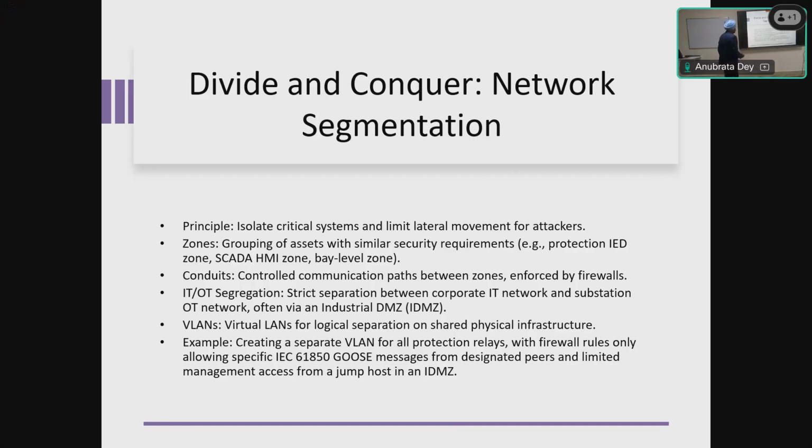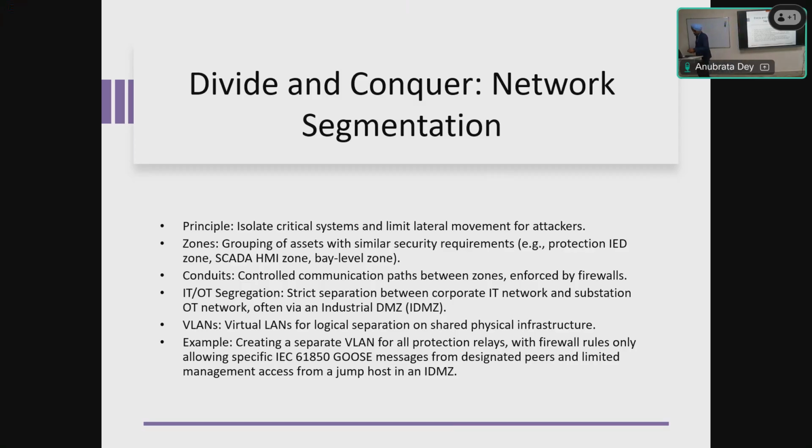So, for example, you can create a separate virtual LAN for all protection relays, with firewall rules only allowing specific GOOSE messages from designated peers. You can set up the rules on who gets through and who doesn't.